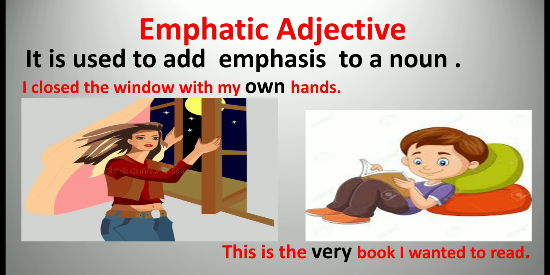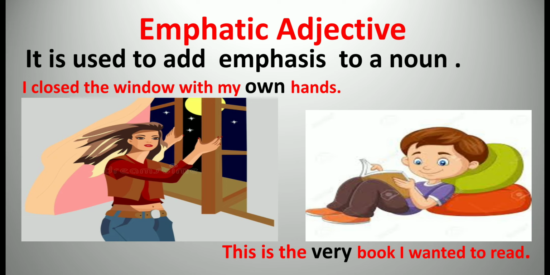The last category of the adjectives is the emphatic adjective, and it is used to add emphasis or stress to a noun. They are placed before the nouns to add stress or emphasis to them. See the following examples. I closed the window with my own hands.